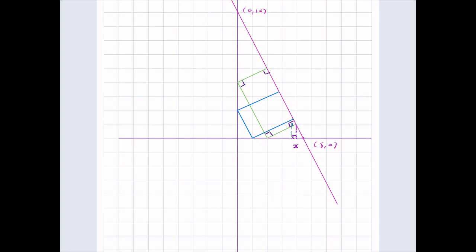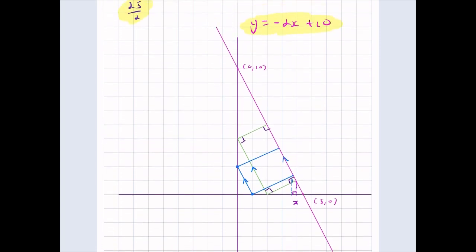As this point moves around, we get different rectangles. But the key observation is that the side of the rectangle which has its vertices on the two axes, wherever I put it, has to be parallel to this line, y is equal to negative 2x plus 10, or 10 minus 2x.